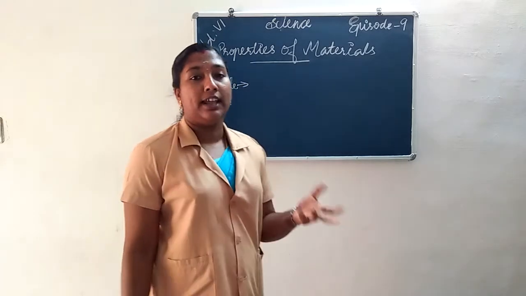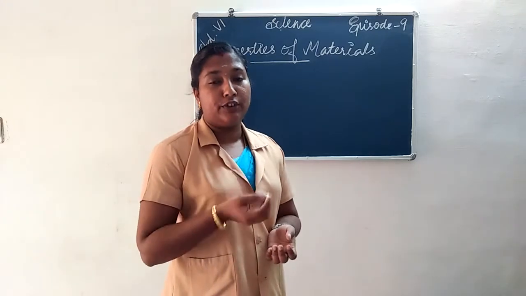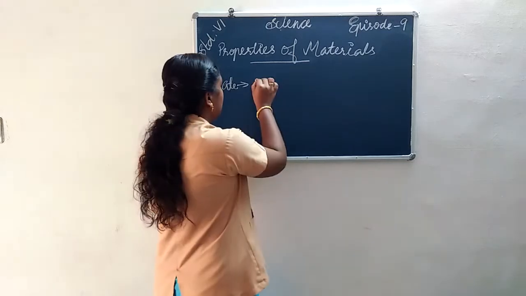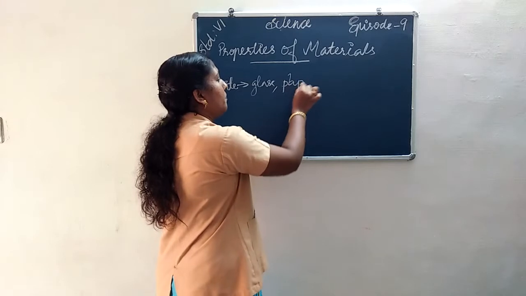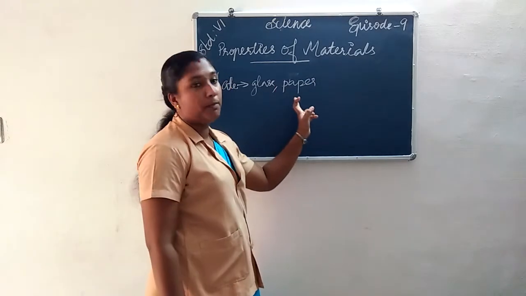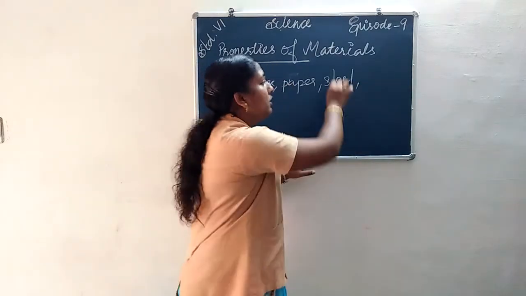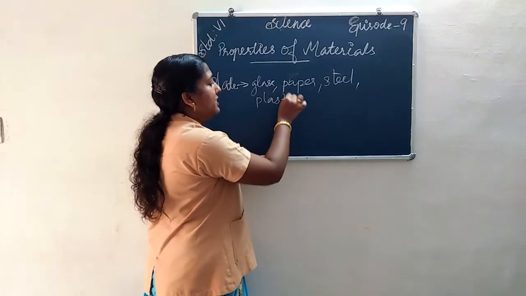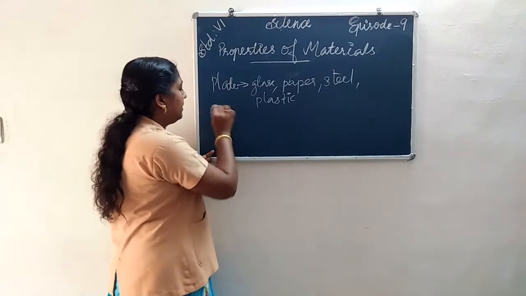We know that in our home we eat food in a plate. Plates can be glass plates, paper plates, disposable plates, steel plates, plastic plates, etc.